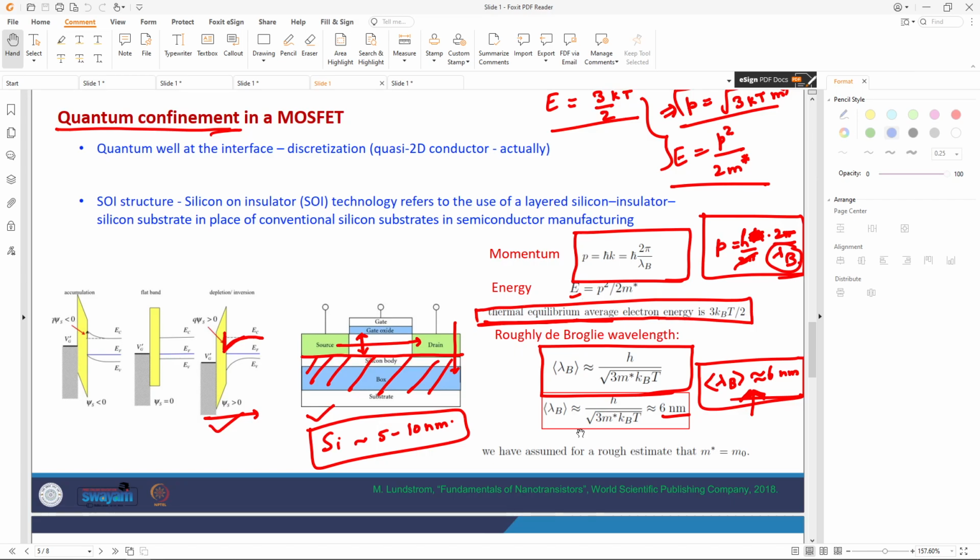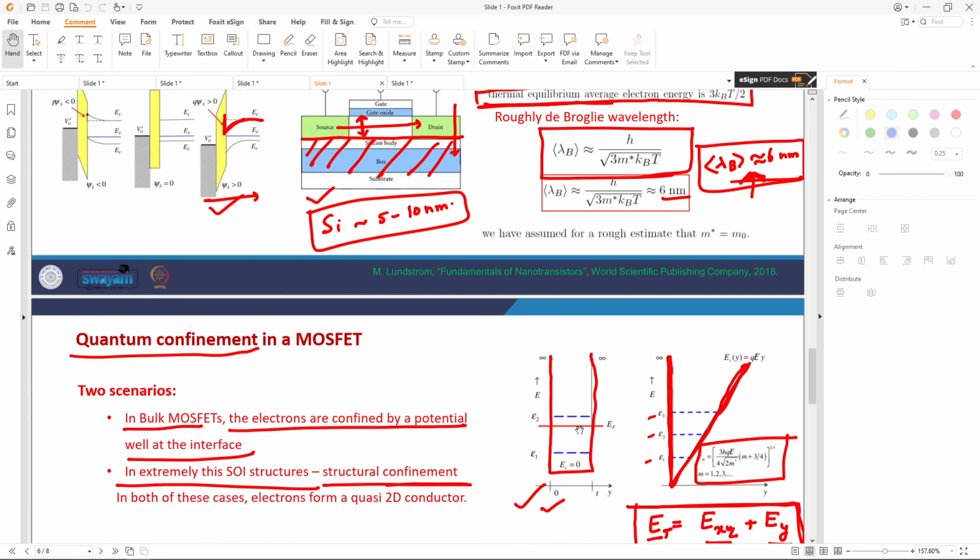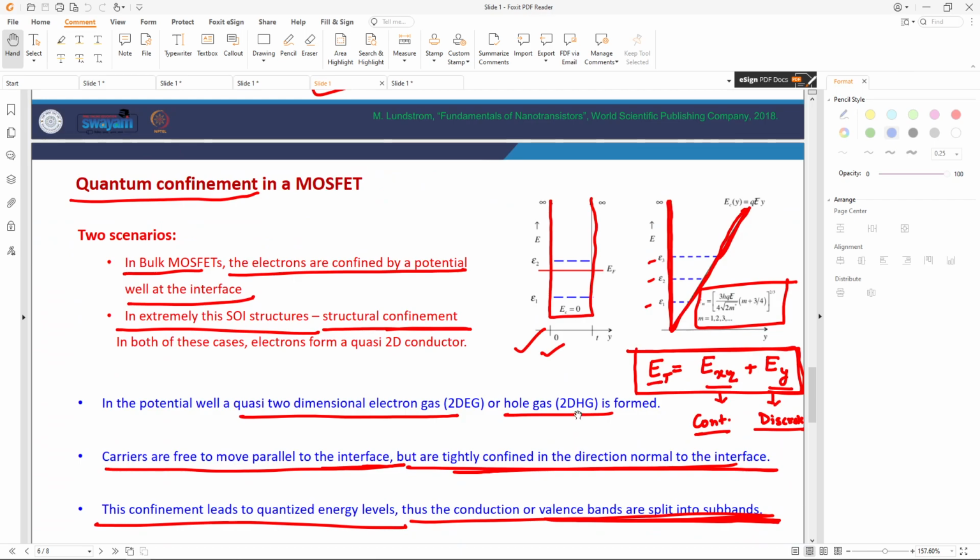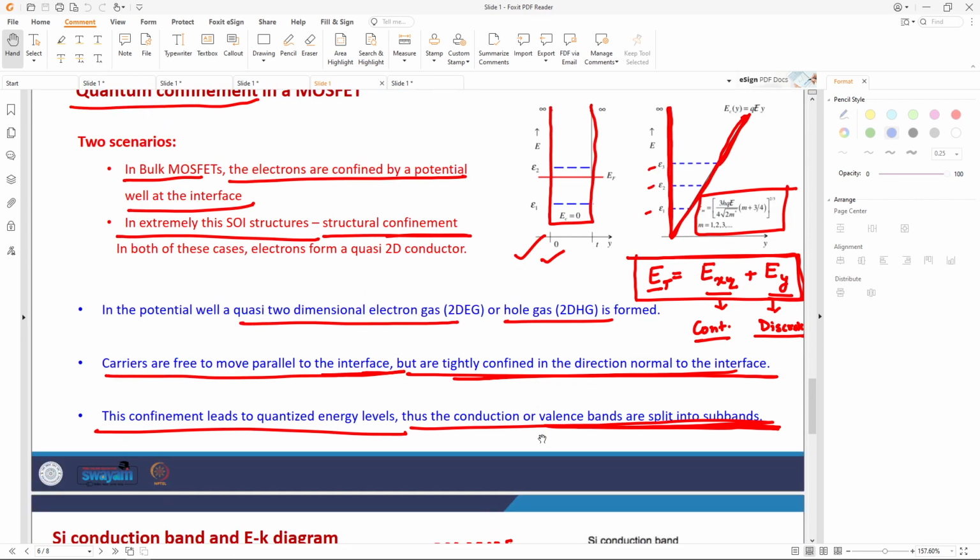So how would you create a transistor for that situation? Essentially, when we do confinement like this in a device below the 20 nanometer regime, the first thing to remember is the electron will behave as a 2D electron gas or a 2D hole gas.